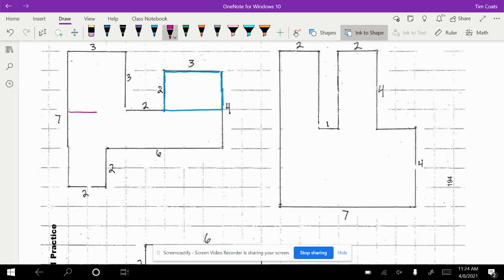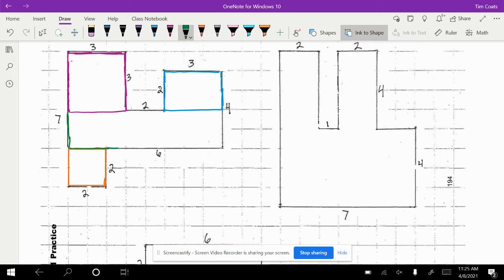Let's see, I see another rectangle here. And the beautiful part about this is if we all don't see it the same way, that's okay, because if you do it in the correct way, you will still get the same answer. So to me here, I see 4 different rectangles or squares that I'm dividing this shape up into.